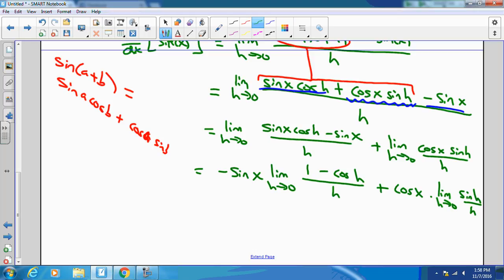Notice that sine of x and cosine of x do not depend upon h, so they are constants as far as the constant multiple rule is concerned with respect to h. Now for the payoff. I look at the limits that I have left and I say, hey, look at that. These are two famous limits. What is the limit as h goes to 0 of 1 minus cosine h over h? No!